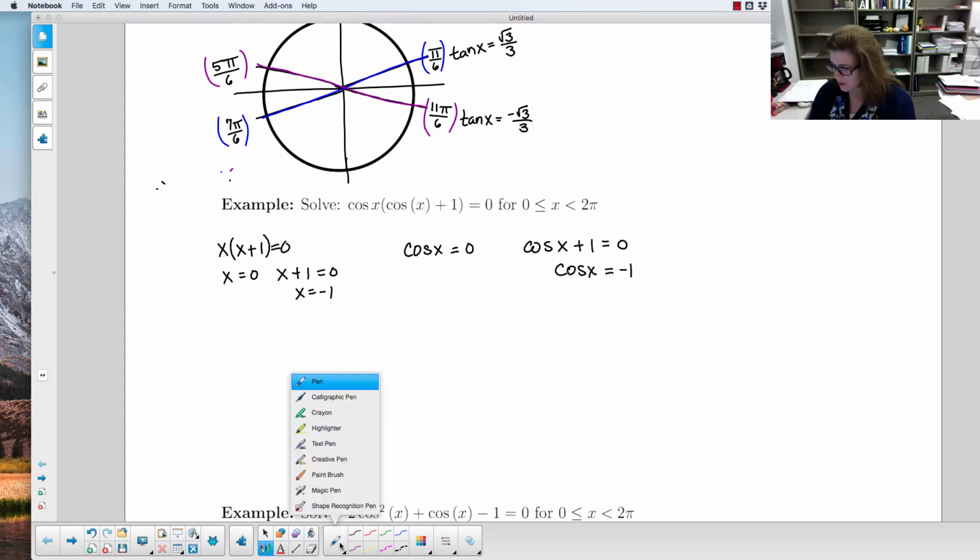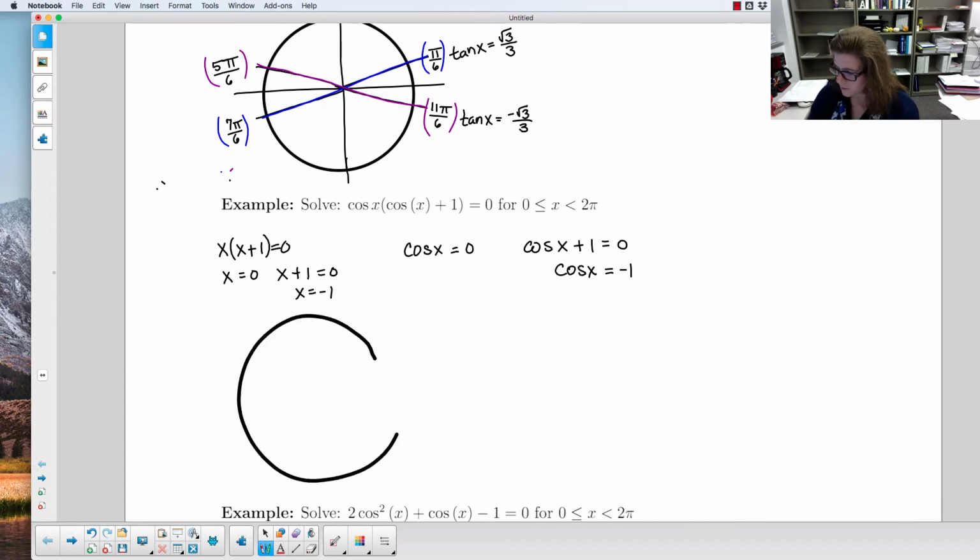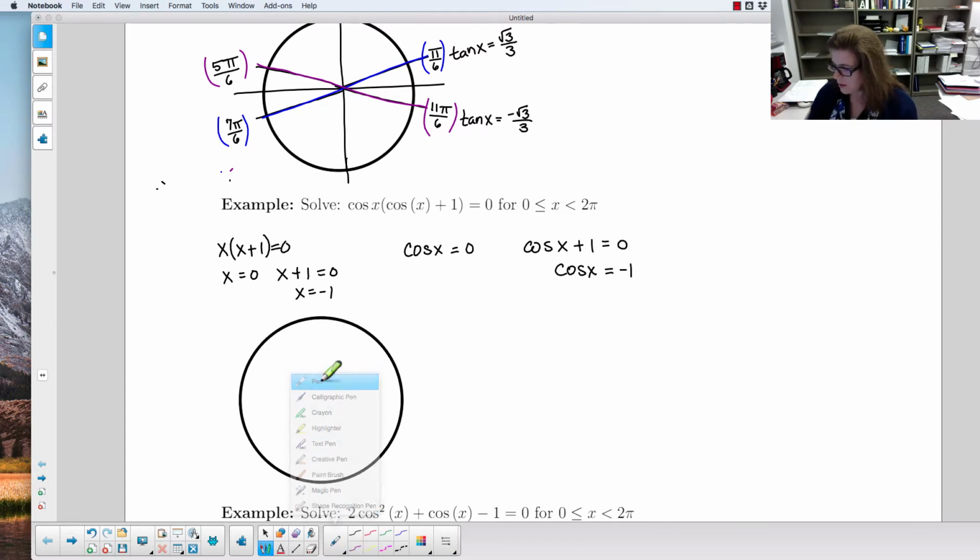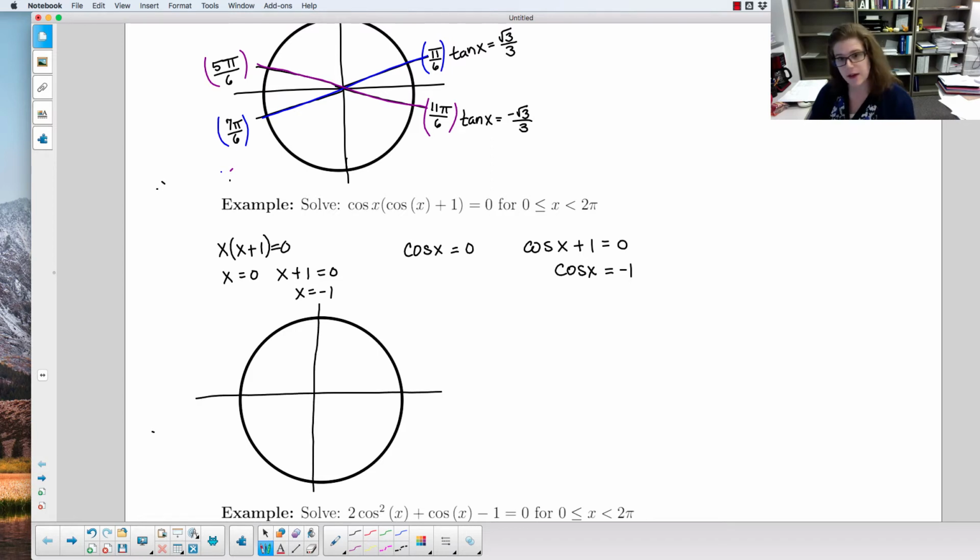Now thinking about the unit circle, cosine is our x value, so we're looking for angles that make our x value, our cosine, equal to 0, and we have one here at pi over 2, and one here at 3 pi over 2.